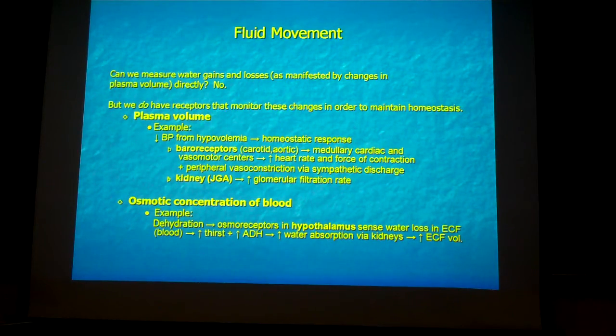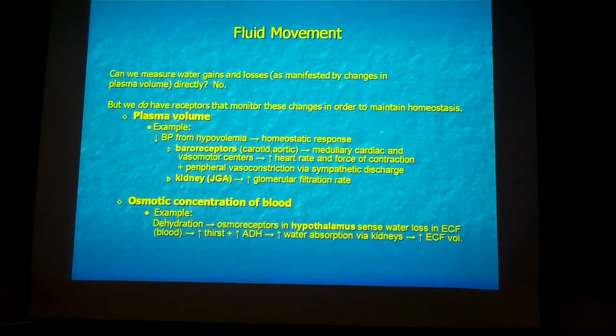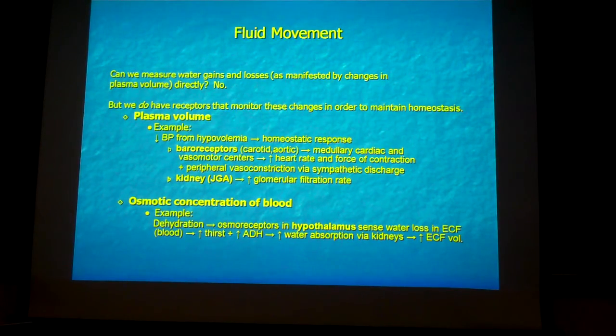We also have that system in the kidney, the juxtaglomerular apparatus, that, remember, monitors the rate of flow of tubular fluid and the solute concentration of that fluid. So if blood pressure and blood flow to the kidney drop, isn't that going to mean that the glomerular filtration rate in the kidney drops too?